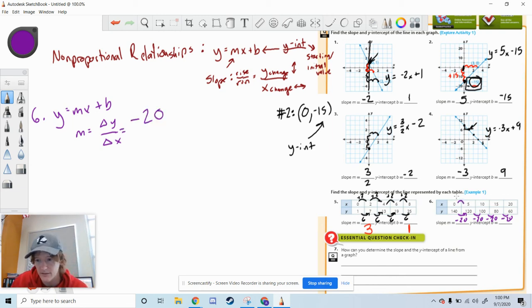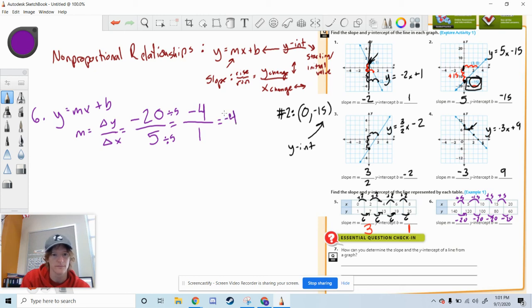X goes plus 5, plus 5, plus 5, plus 5. So it goes negative 20 over 5. We can divide both of these by 5. We're going to get 1. 20 divided by 5 is 4, because 5, 10, 15, 20 gives us 4 5s. So then in this case, we've got negative 4 over 1, which brings us just to negative 4.